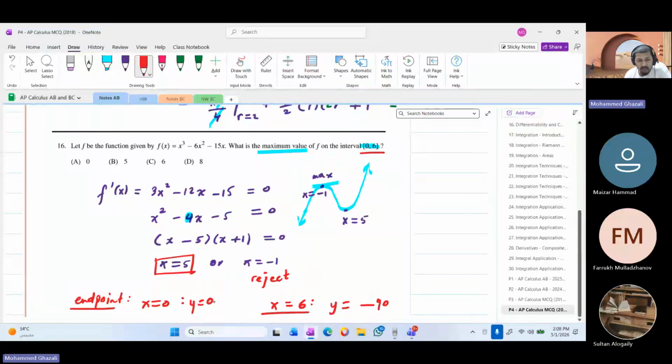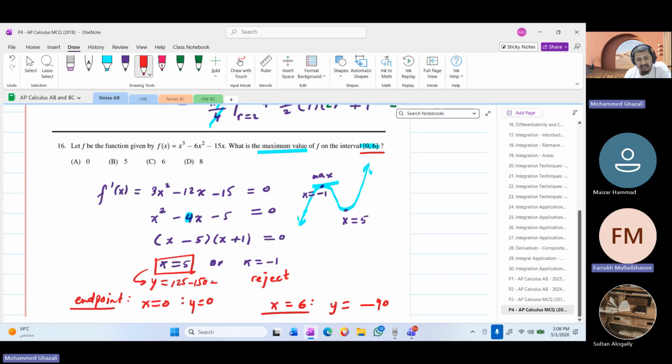Good. So at 0, what about 5? We never substituted 5 inside here. What's f of 5? If you substitute 5, 5 cubed is 125, minus 25 times 6, which is 150. So 125 minus 150 is minus 25, and another minus gives minus 75.